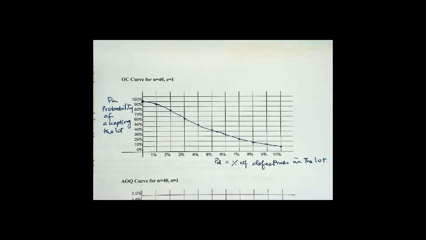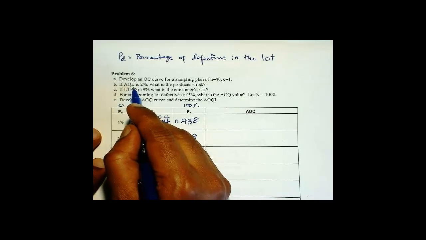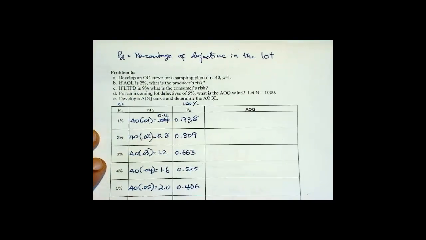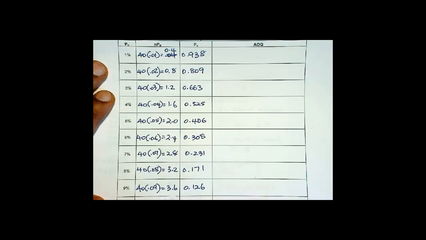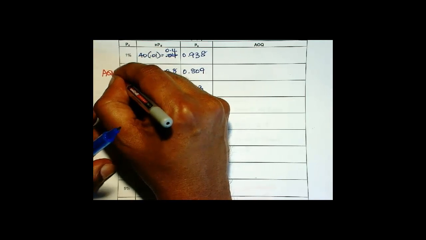Now let's answer a few more questions. Okay, B is if AQL is 2%, what is the producer's risk? AQL is 2%. The probability of accepting the lot for 2% is 0.809. So that's AQL.